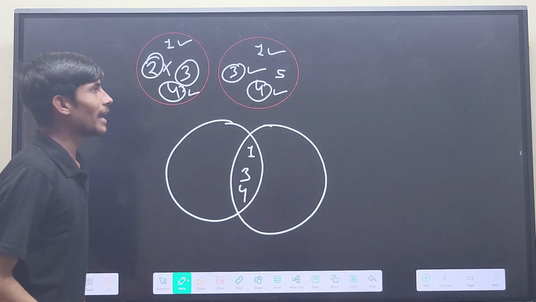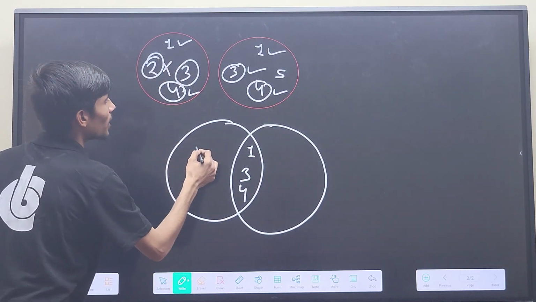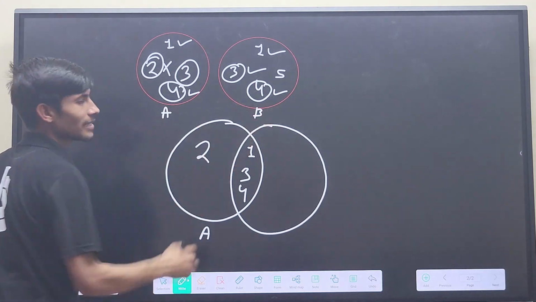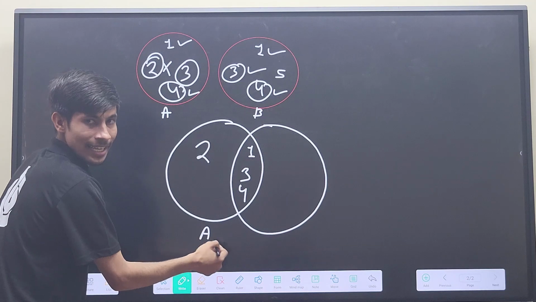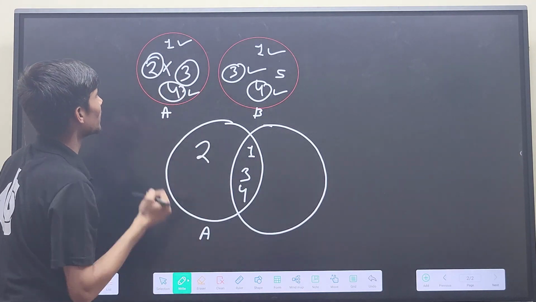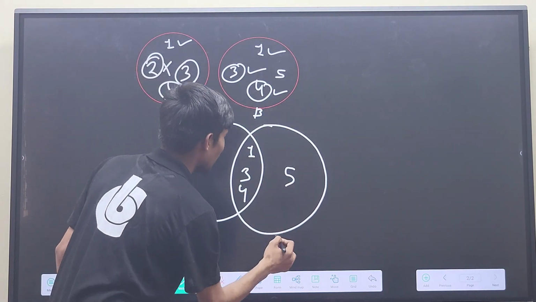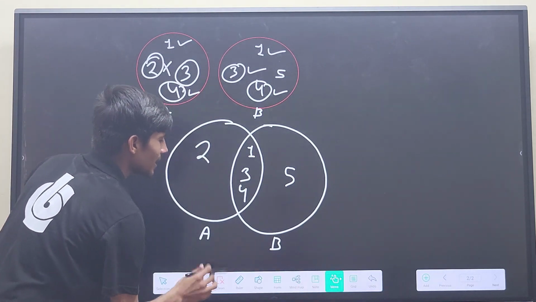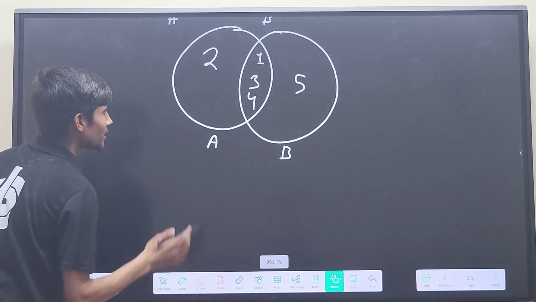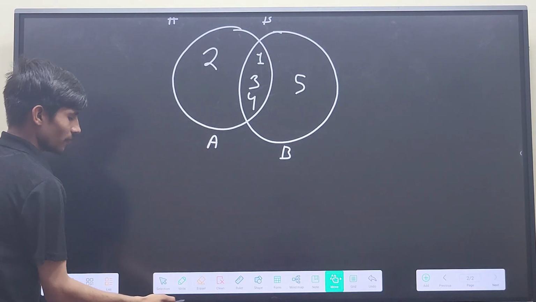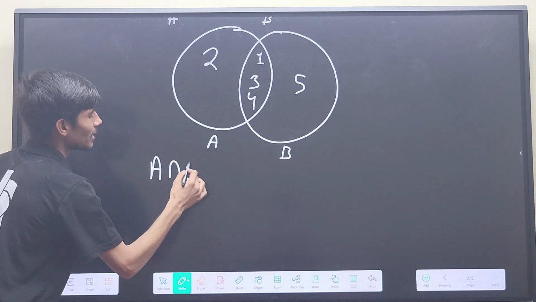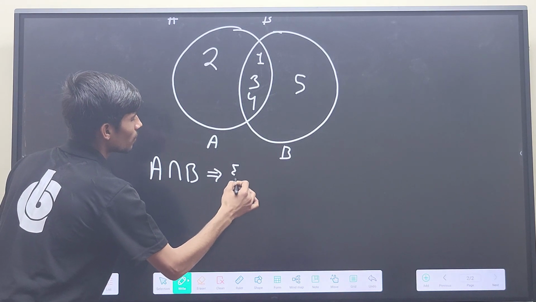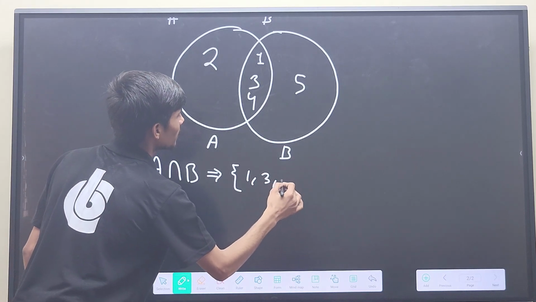And the other elements which are not common: you can say this one is circle A and this one is circle B. So in set A, or circle A, we can write 2 here, and we can write 5 in circle B. When I write the set A intersection B, you can see it contains the elements 1, 3, 4.